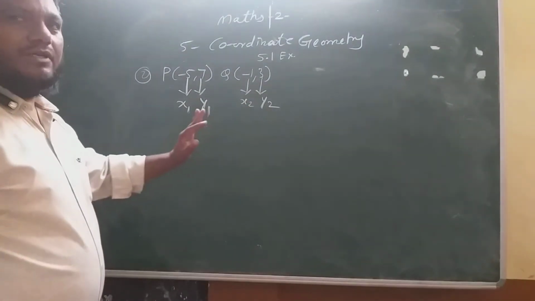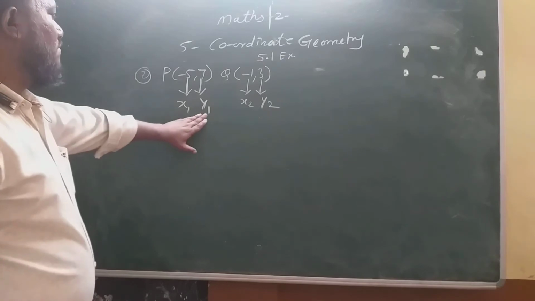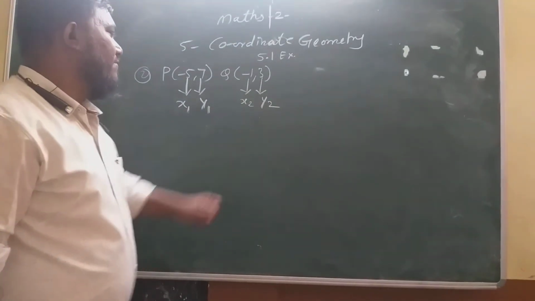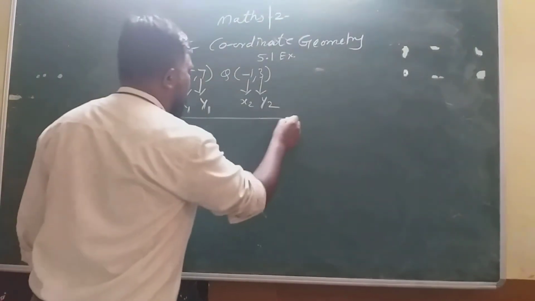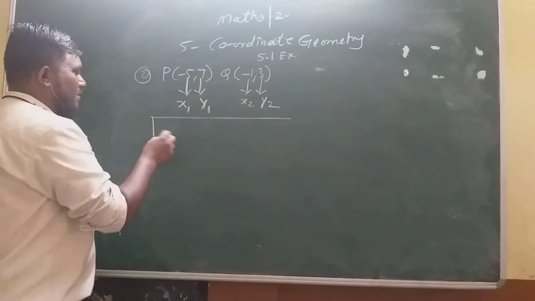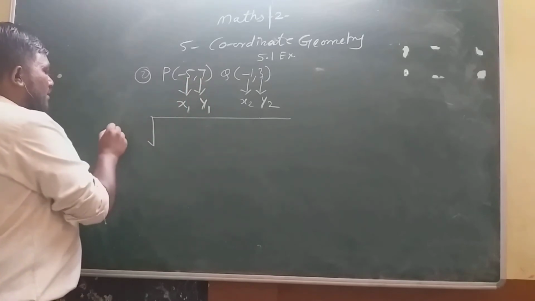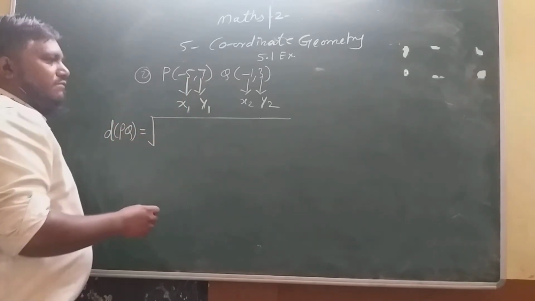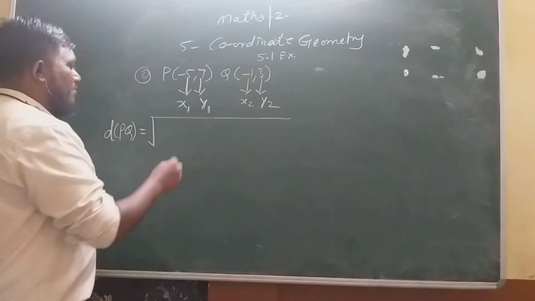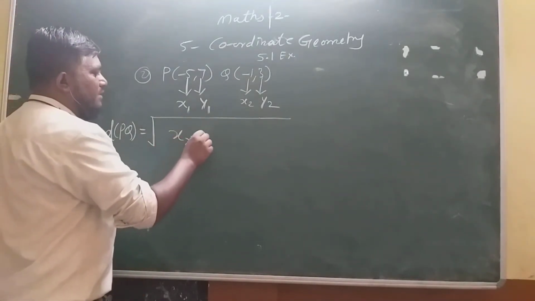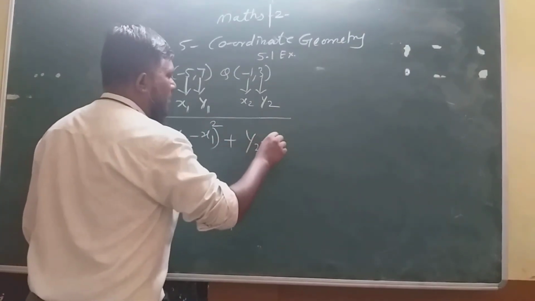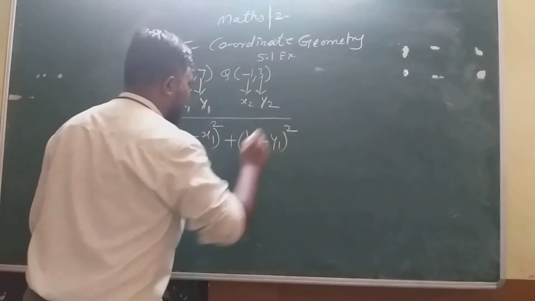Everyone has to keep in mind that we have to show the denotations like this, and then only we'll find easiness while solving the example. Then we'll write PQ, distance of PQ is equal to, we'll write the distance formula, that is square root of x2 minus x1 square plus y2 minus y1 square.